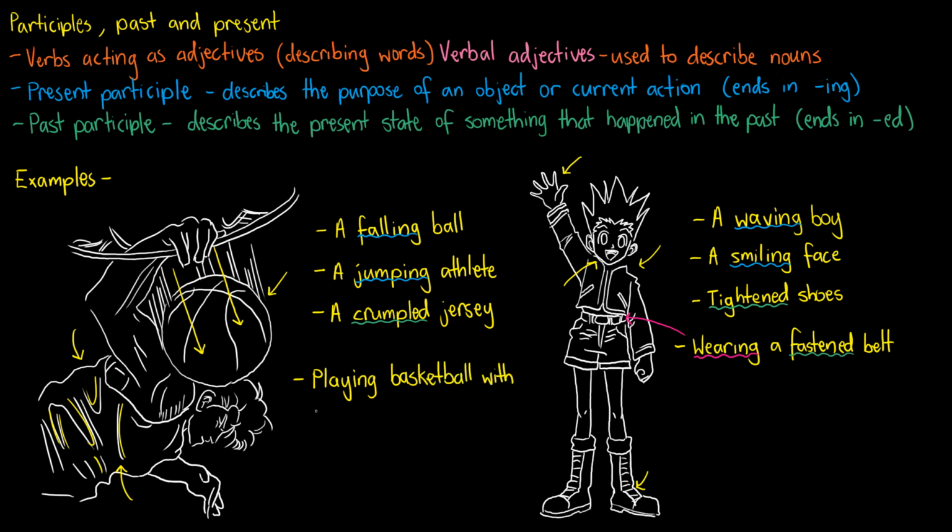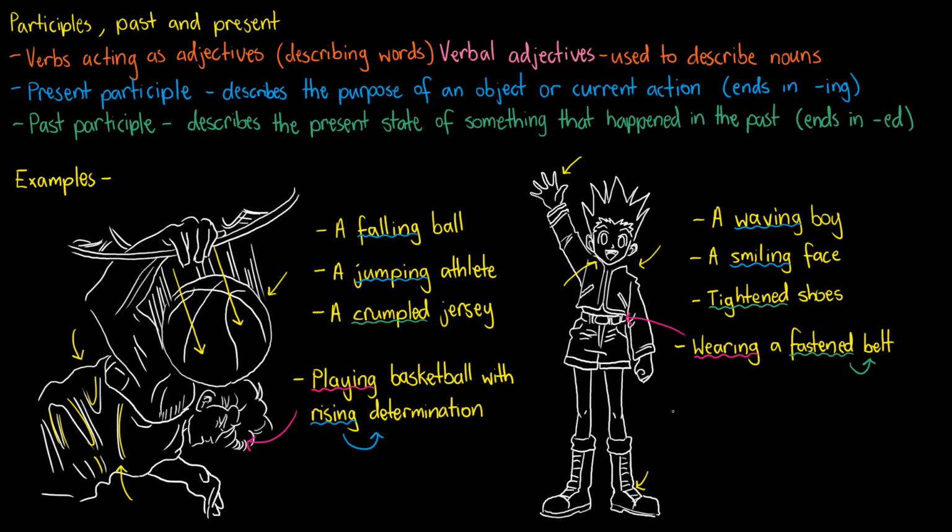So we're going to say that he is playing basketball with rising determination. That sounds a little bit tricky, but we just have to remember that rising is a participle. It's describing the noun determination. And playing is what he's currently doing. It's the verb. So he's playing basketball, but his determination is rising. So rising describes the noun, and fastened describes the belt for the other example I just gave.